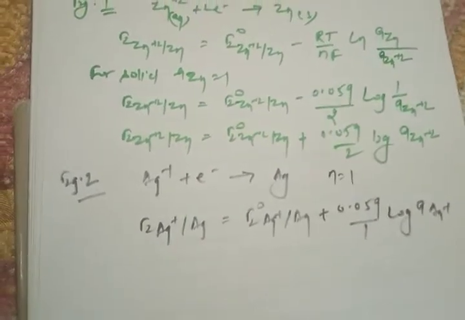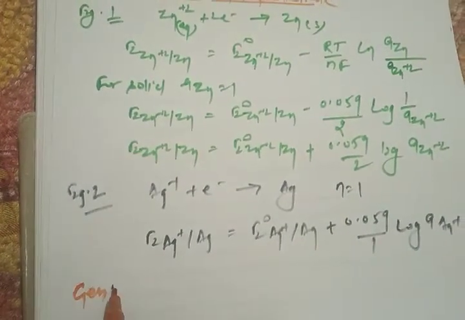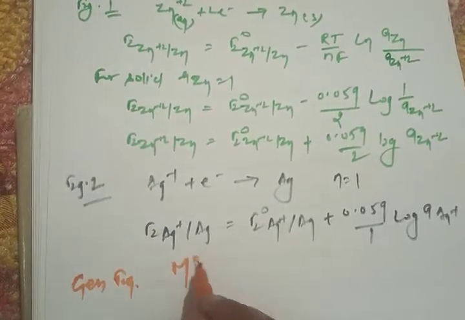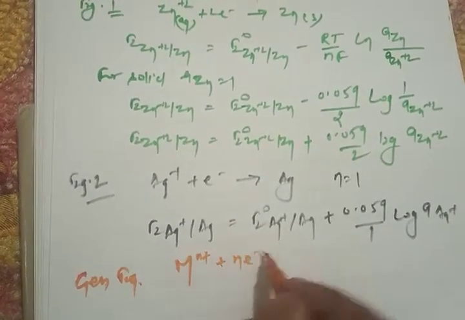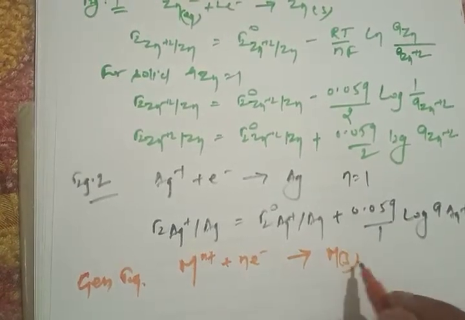So what is the general equation? If I take M n+ plus n e negative, this will give M solid.